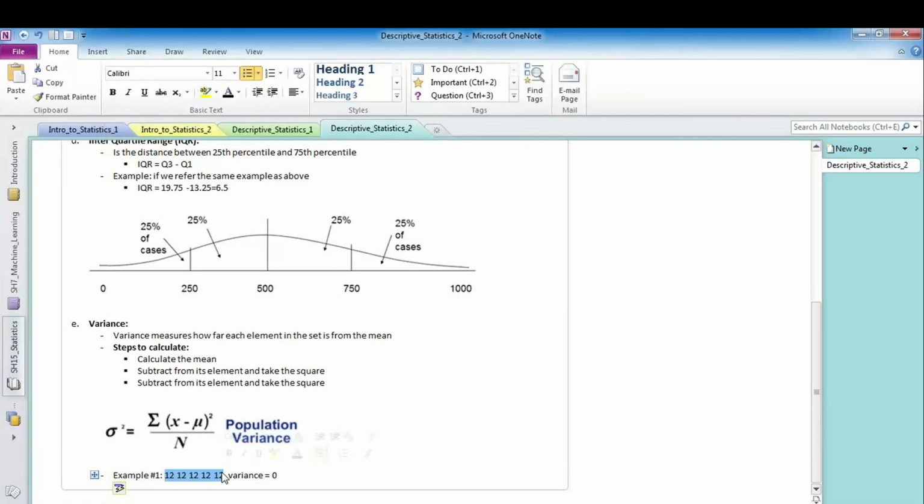These are identical elements. The mean of identical elements would be the same, and if you take the difference of each individual element from its mean, it would always be 0. I need not even calculate or think about the steps, isn't it, guys? Are you able to understand this? If you're working on identical elements, there is no meaning in thinking about variance. It would obviously be 0.